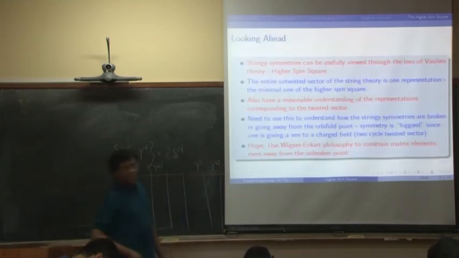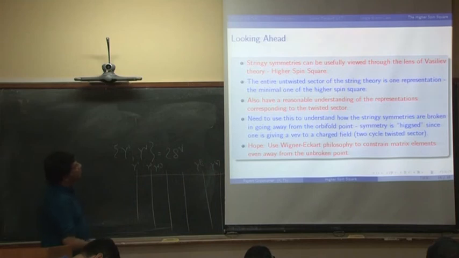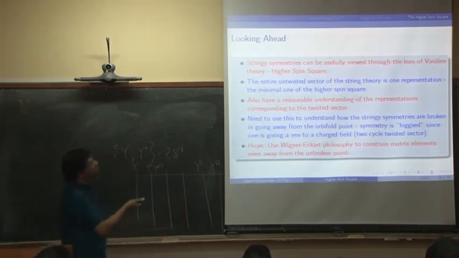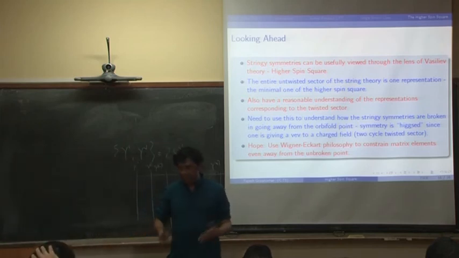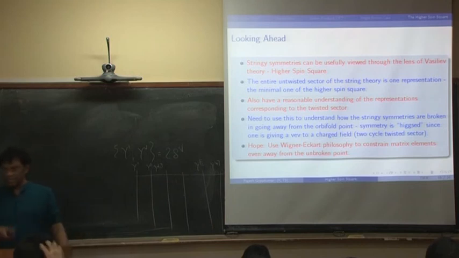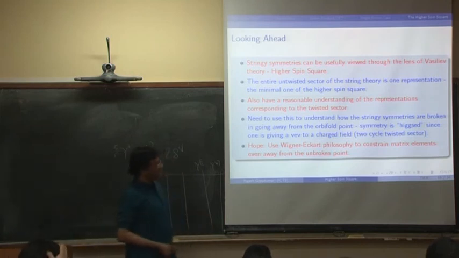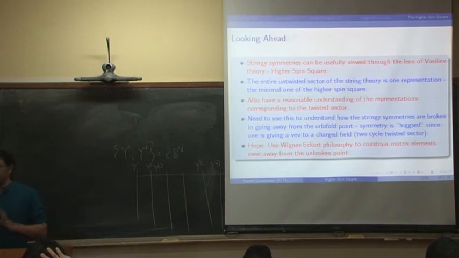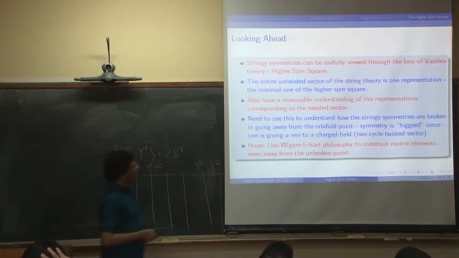So in any case, let me just stop by summarizing. The stringy symmetries can be usefully viewed through these higher spin algebras in terms of this higher spin square. The entire untwisted sector is essentially one representation, which is the minimal one. The twisted sector representations, we seem to now have some reasonable understanding of them.